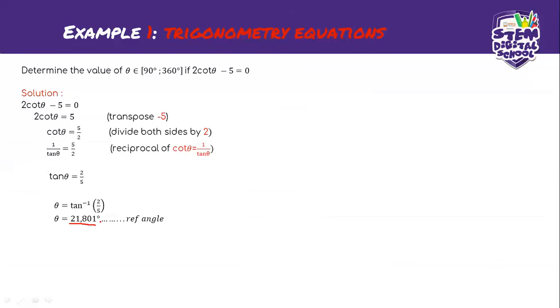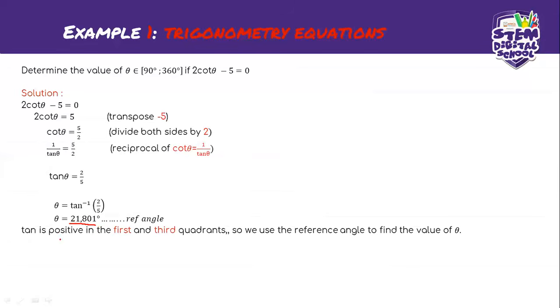Just write everything as it is. Don't round off. You only round off when you reach the final answer. So my advice to you is to write everything. You'll only round off at the end of everything else, right? Now let's see what is going to happen with that reference angle.